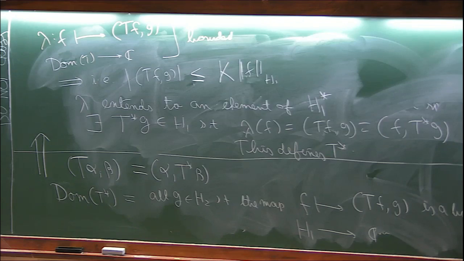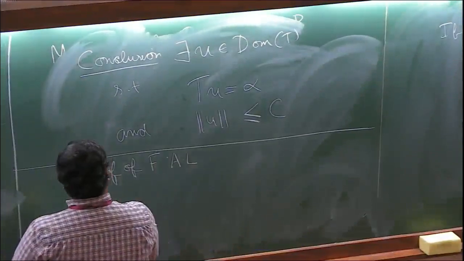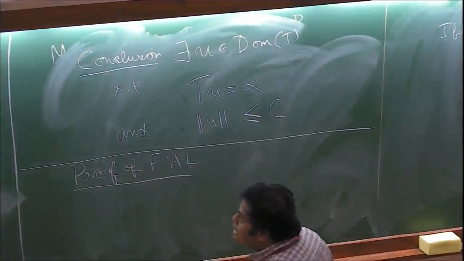Now I will prove it, which is much, much more simple than explaining the meaning of the terms. So proof of the functional analysis lemma. It's more or less obvious.